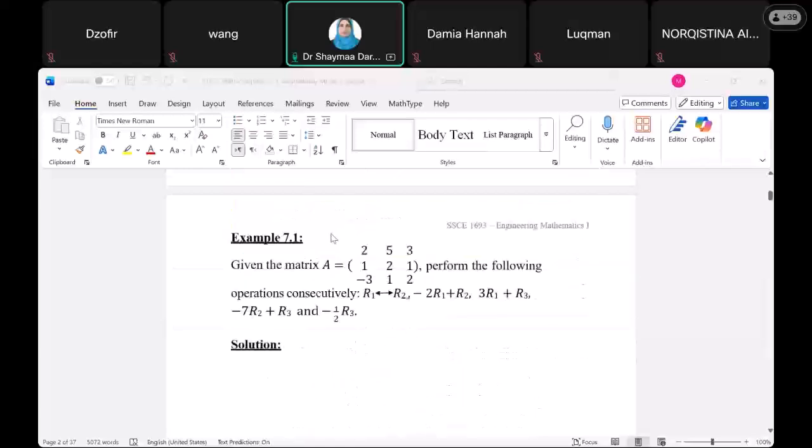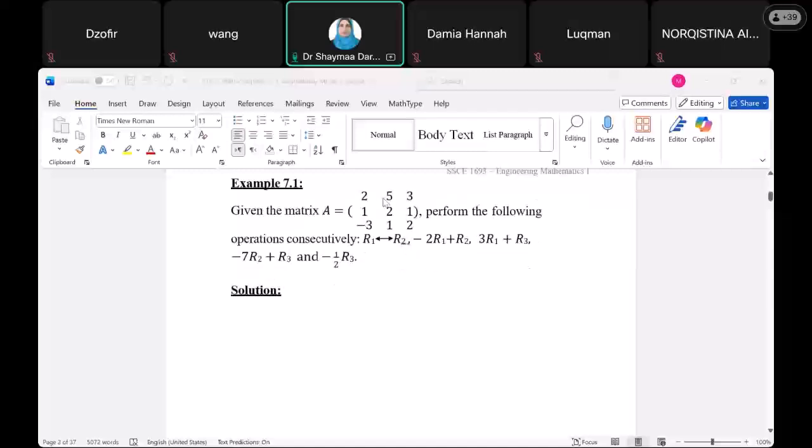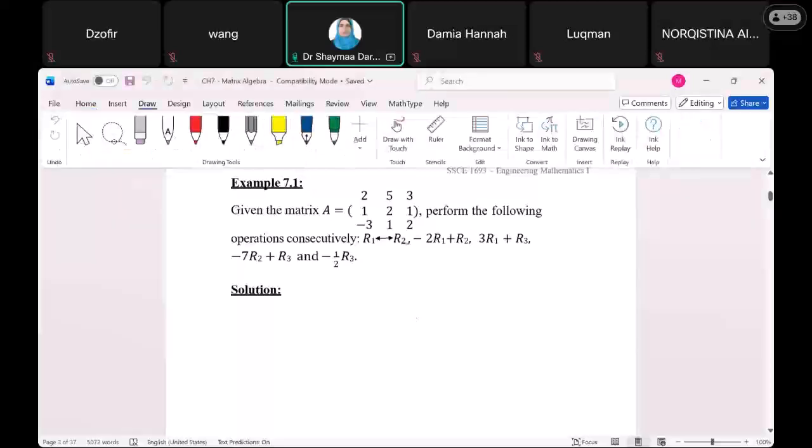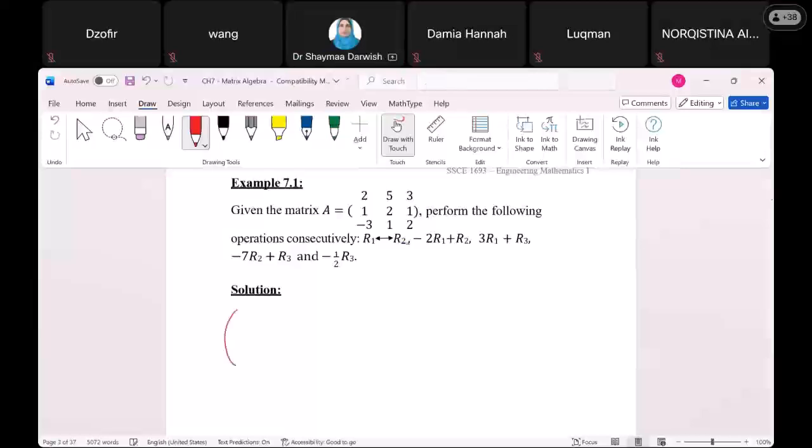For example, if I have the matrix 2, 5, 3; 1, 2, 1; minus 3, 1, 2. This is a 3 by 3 matrix, with 3 rows and 3 columns. If I do these operations on the matrix, the result will be equivalent matrices.